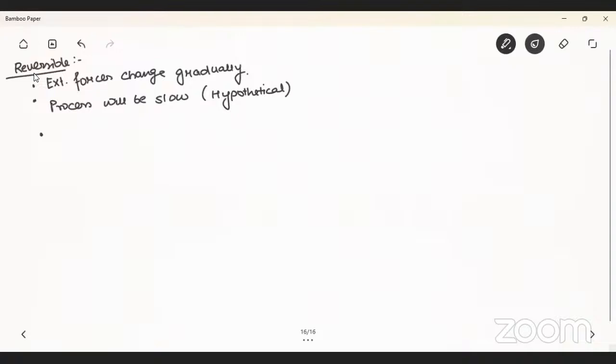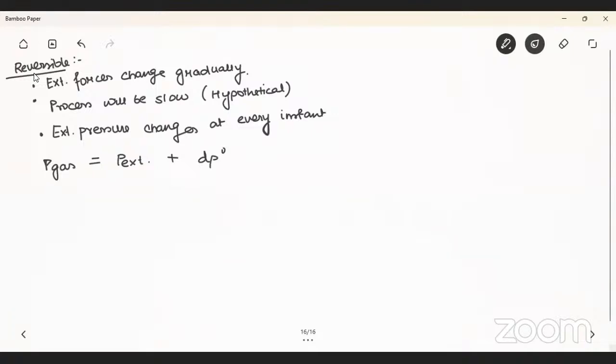External pressure changes at every instant. So here we can write an equation like pressure on gas is equal to pressure of the external plus a small change in pressure.